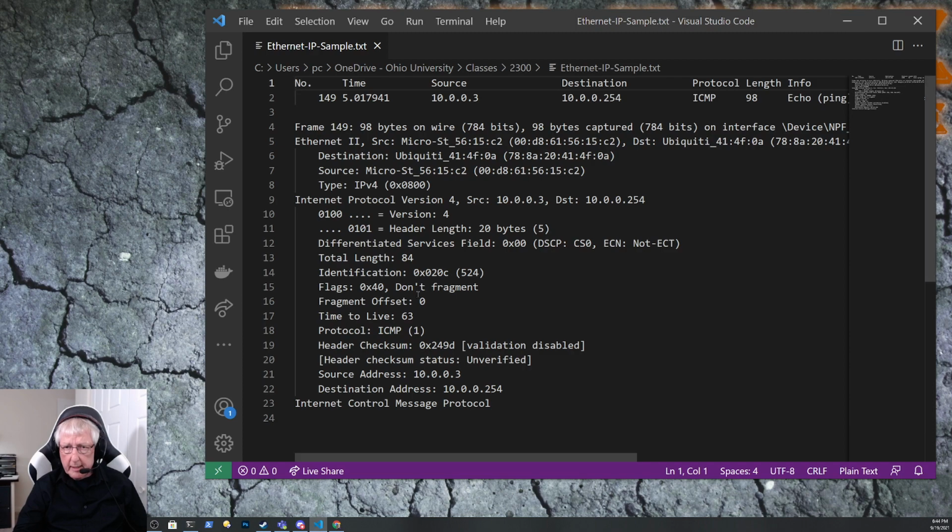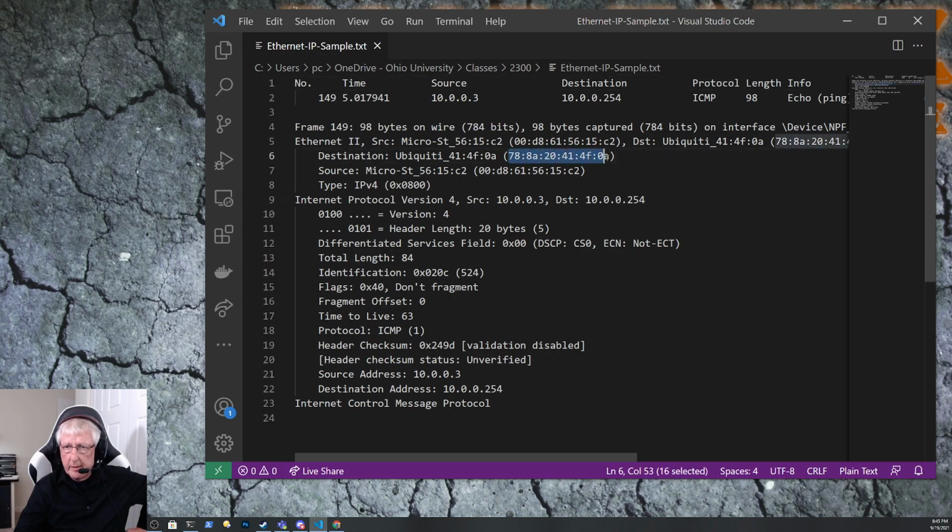What I did in class, and what I want to utilize again here, is a capture of a packet, just to highlight some of the bits and pieces of the IP protocol. Just a quick recap. So this is Wireshark, and I did on purpose include the Ethernet section.